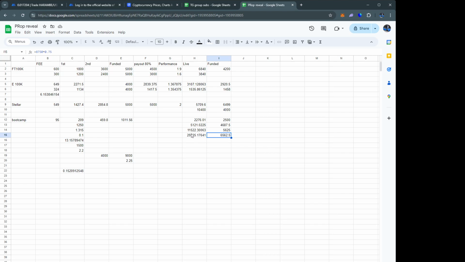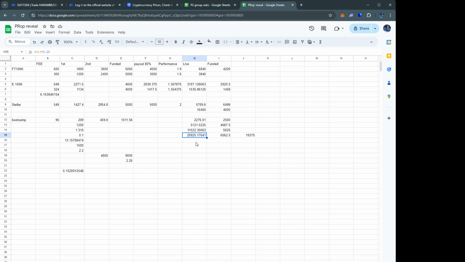But in the live account now we are gonna have $25,000 to almost $26,000. So here we see we have the flip, meaning that the total payouts are gonna be 19,037, while in the live we are gonna have 26,000.